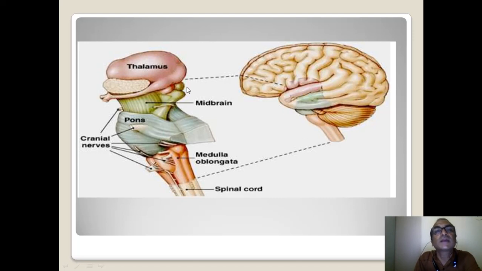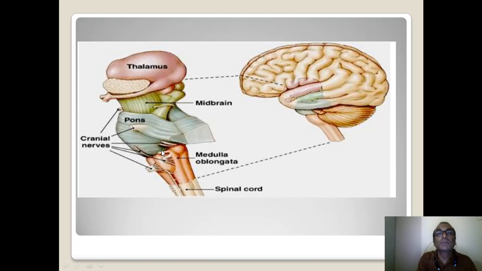It is taken out here to show the detailed features, enlarged. This part is the midbrain with the corpora quadrigemina on the dorsal side, and on the ventral side the crura cerebri. Then this is the pons and medulla oblongata. See, the cerebellum is not taken here. This is the brain stem.